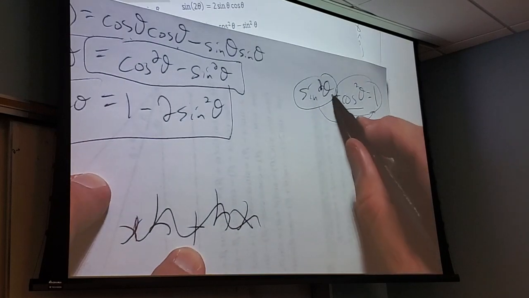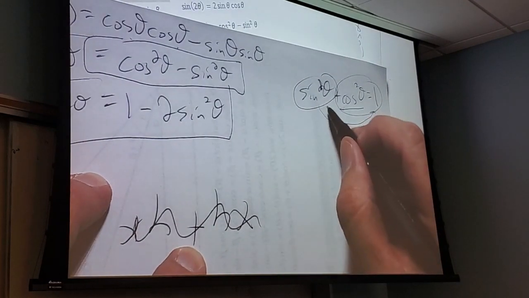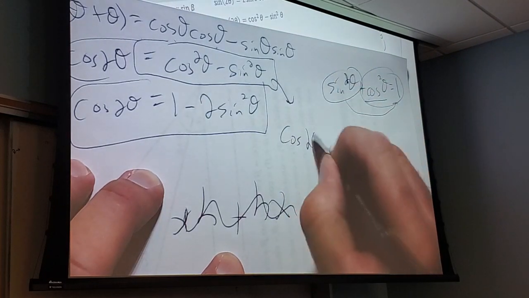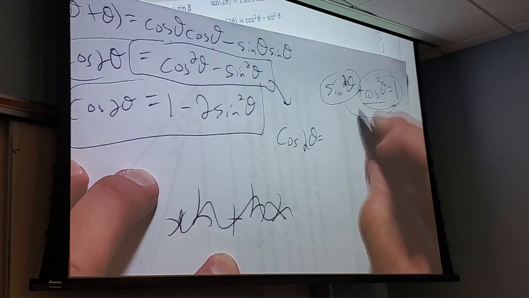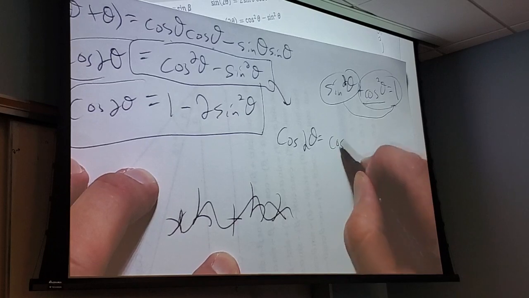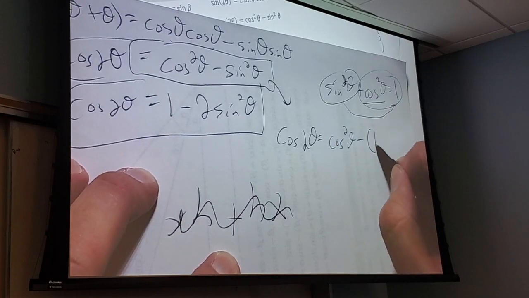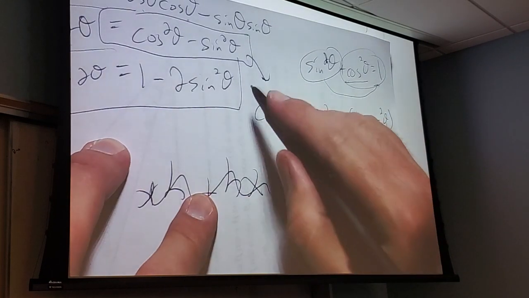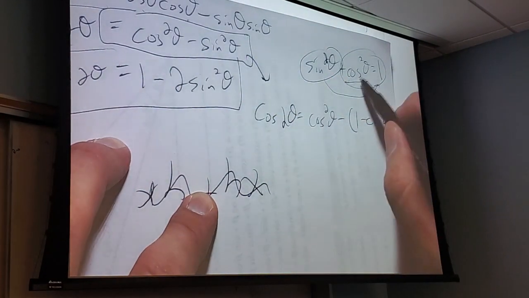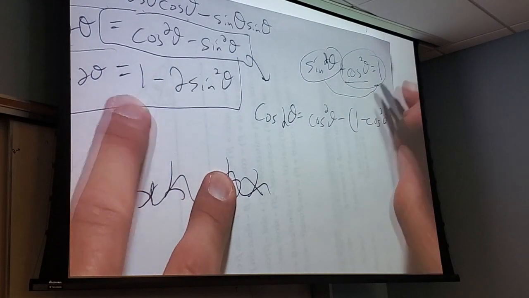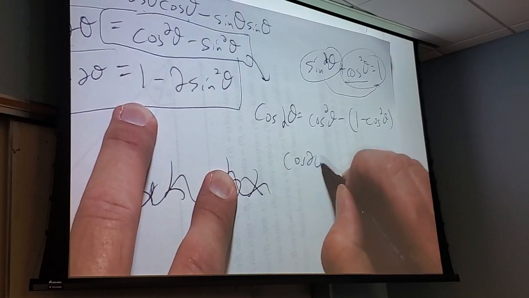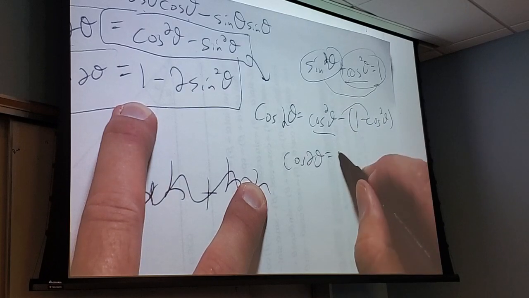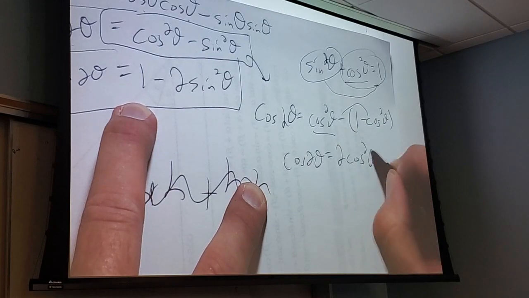So if I start here again, cosine 2 theta equals cosine squared theta minus 1 minus cosine squared theta, because sine squared theta is 1 minus cosine squared theta. So cosine 2 theta is also cosine squared minus negative cosine squared, which is 2 cosine squared theta minus 1.